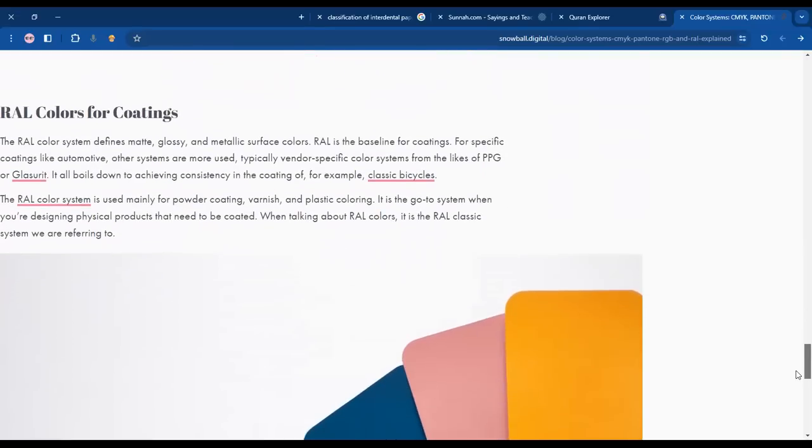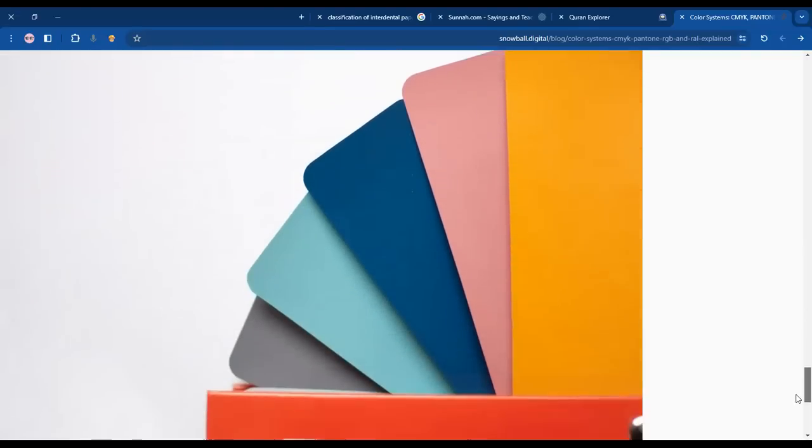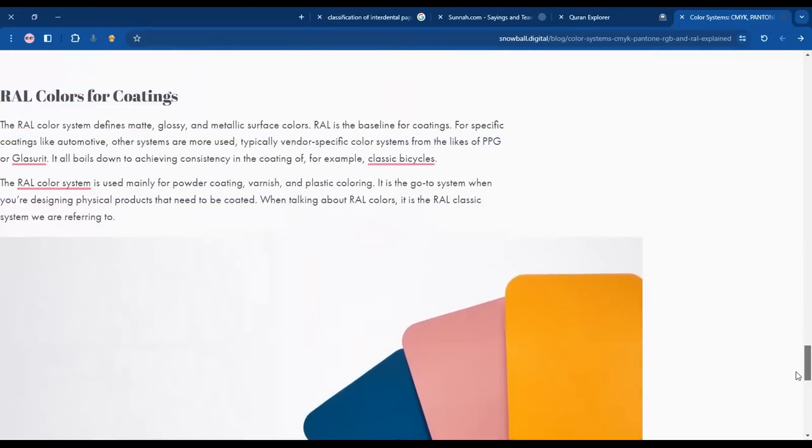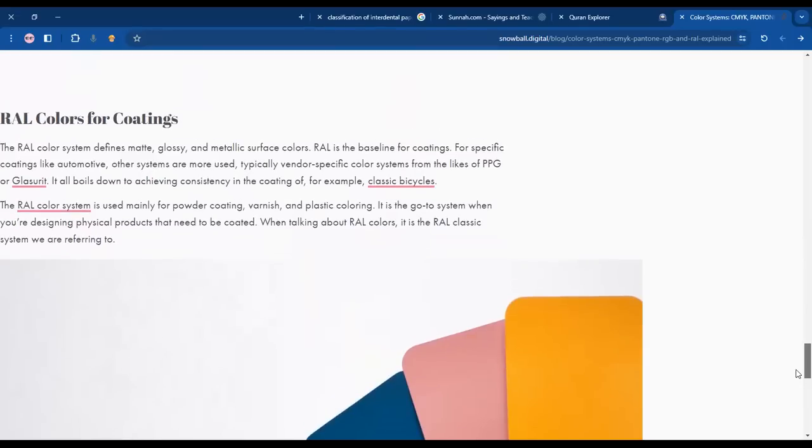The RAL system talks about also how much the material is matte or not matte or shiny and so on. So it's also talking about production. It tells you this material at the end, is it matte, glossy, or metallic surfaces. So these are different systems.